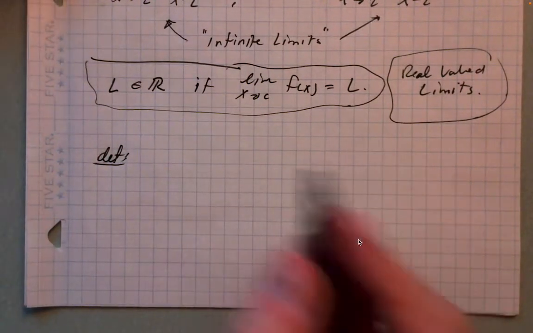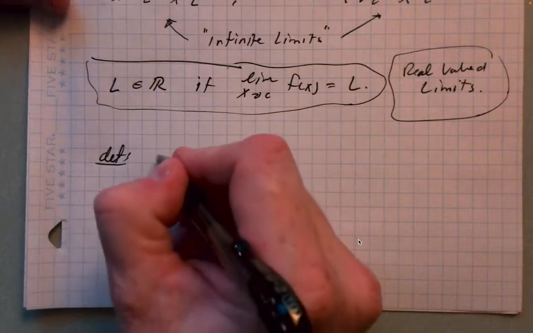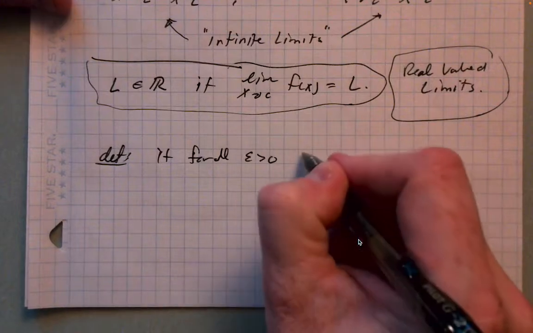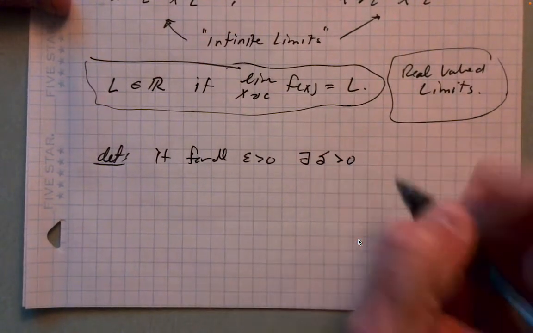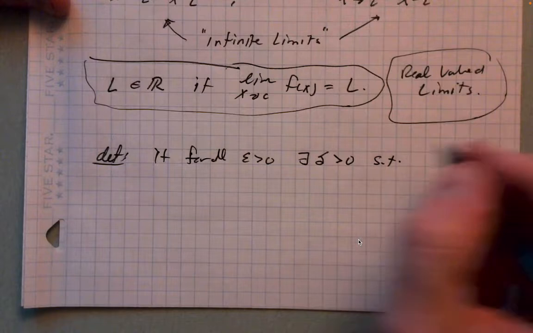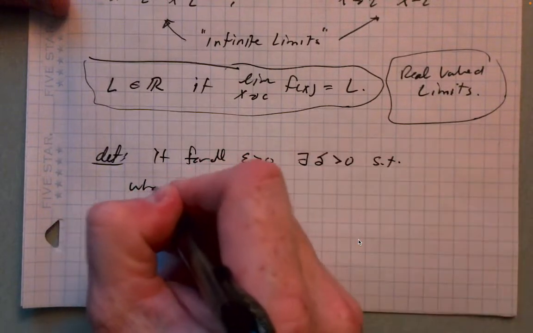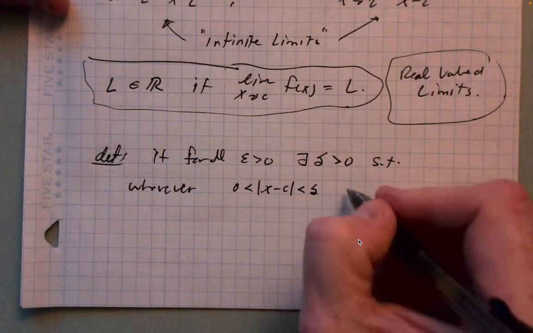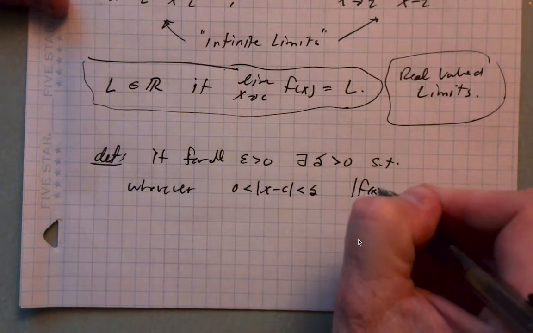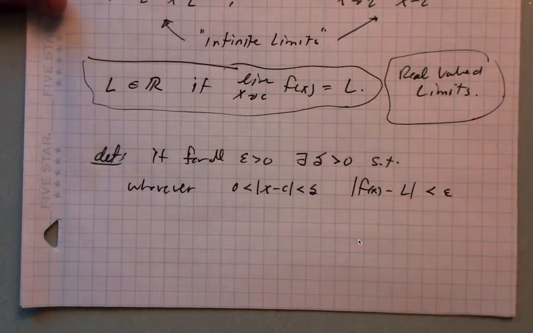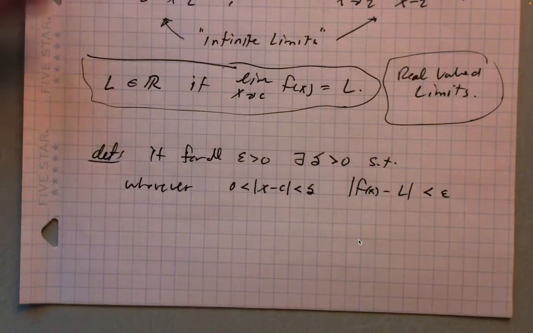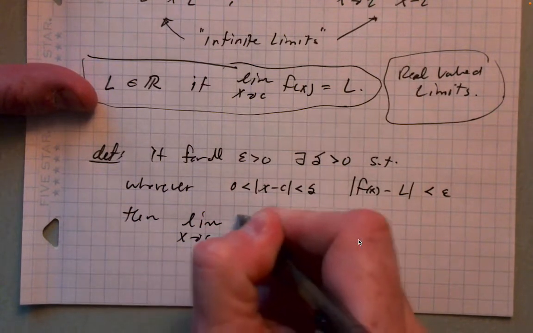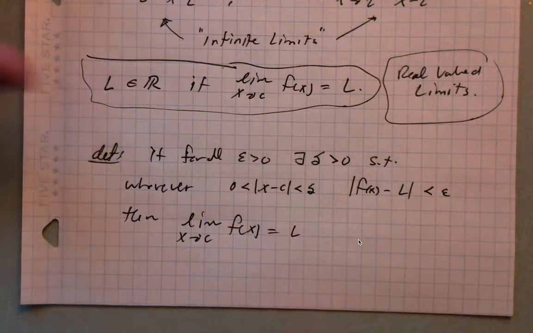So roughly what we would have said previously is that if for all epsilon greater than 0, there exists a delta greater than 0, such that whenever 0 is less than absolute value of x minus c, which is less than delta, absolute value of f of x minus L is less than epsilon, then the limit as x approaches c of f of x is equal to L. So that was roughly the definition.